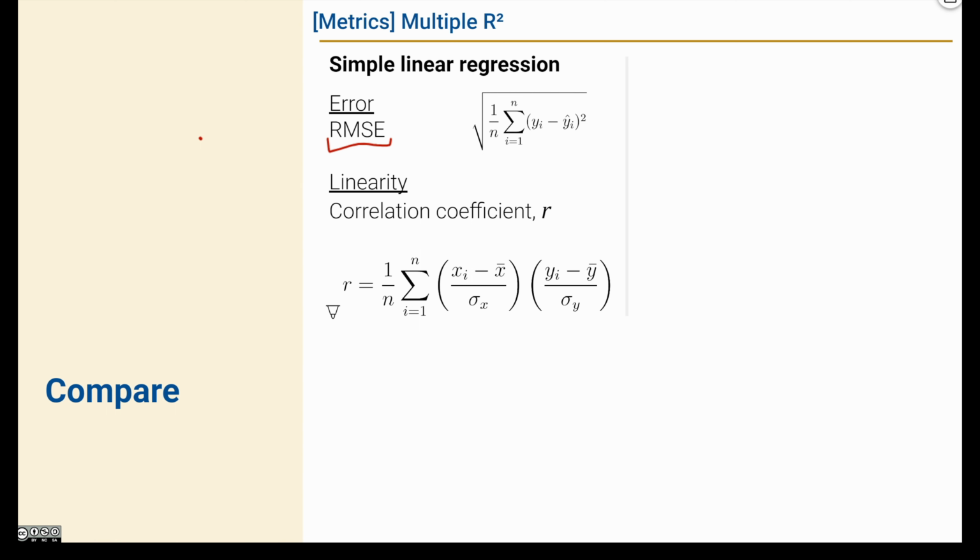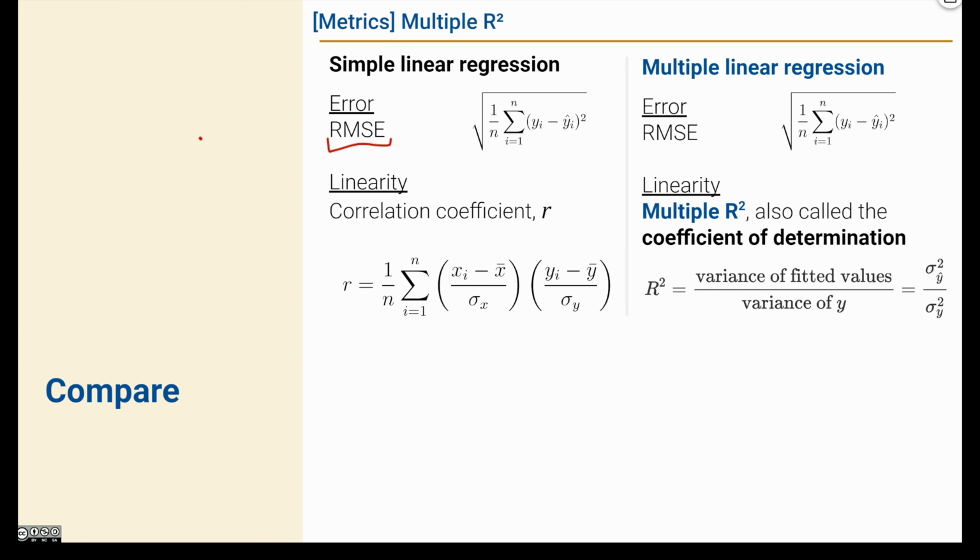In particular, we're going to calculate this squared, but in the context for multiple linear regression, we're going to define that as the variance of your predicted values divided by the variance of your original values. And when we first defined this metric in our simple linear regression video, I mentioned that that was equivalent to this ratio, which is why we can generalize it this way here.